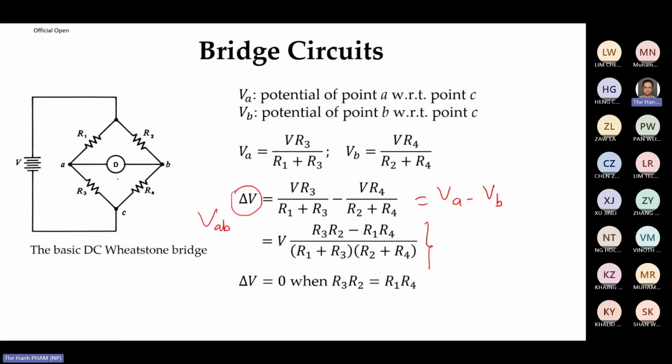Of course, the bridge is called balanced if you have this product, and then the delta V is equal to 0.